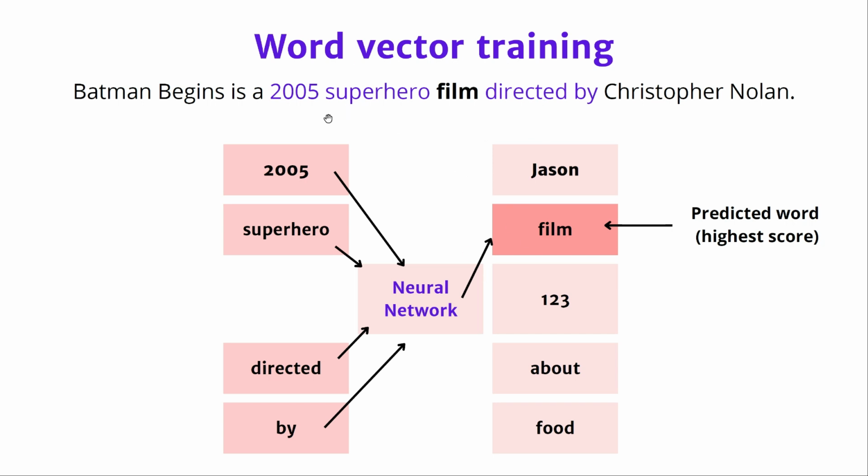For example, if you just give this context and ask a human to predict, they might predict movie or film, right? Similarly, when the word vector algorithm sees hundreds and thousands of these sentences, it will automatically identify that movie, film, cinema, all these words come closer together because the surrounding context is the same for all of them.